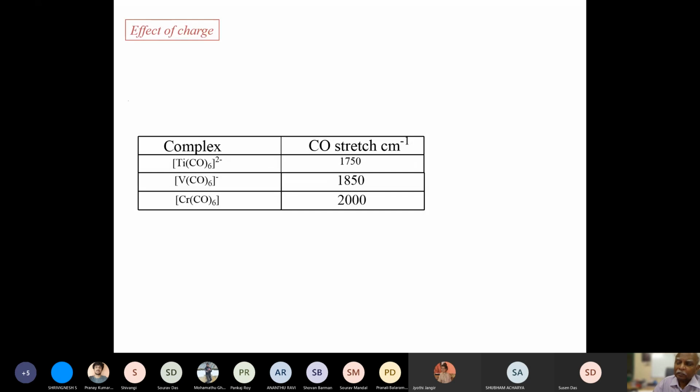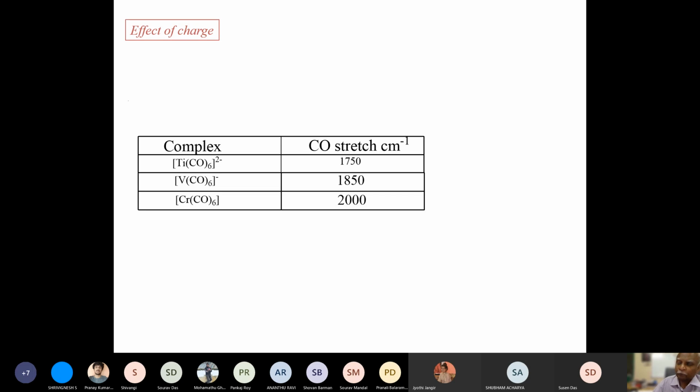One reason why we think that it is synergistic is because of the way in which the charge on the metal, or the oxidation state of the metal, affects these carbon monoxide stretching frequencies. So here I have pictured for you a zero valent, a uni-negative, and a di-negative species.